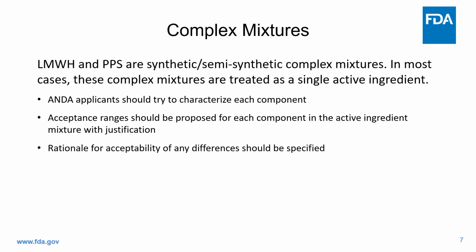Thus, to support an active ingredient sameness for these complex mixtures, the ANDA applicant should try to characterize each component in multiple lots of the mixture for both the proposed generic drug product and the reference product under similar conditions. The acceptance ranges should be proposed for each component in the active ingredient mixture with justification. Also, rationale for acceptability of the differences should be proposed.